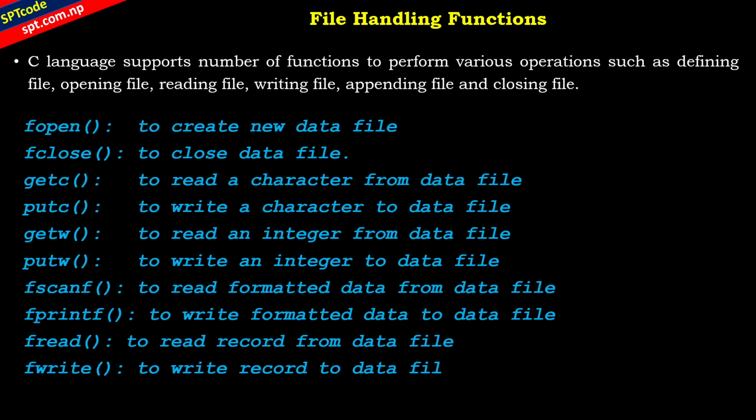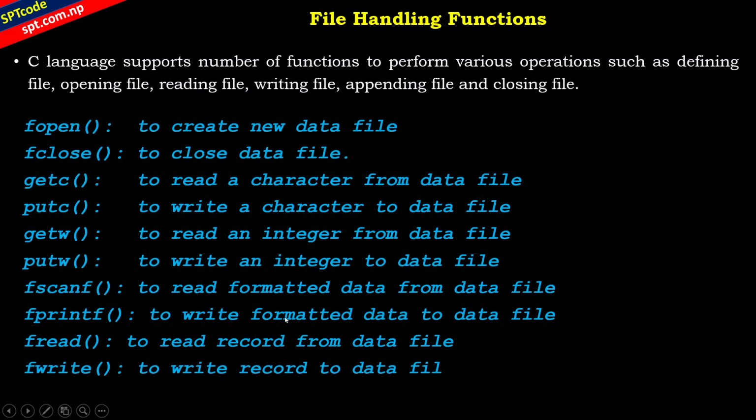Here are some functions that really help us handle files. Opening files with fopen, closing files with fclose, and then writing and reading files with getc, putc, getw and putw.